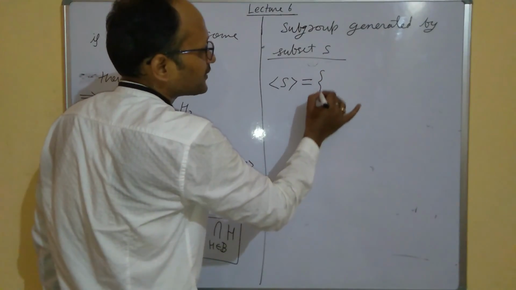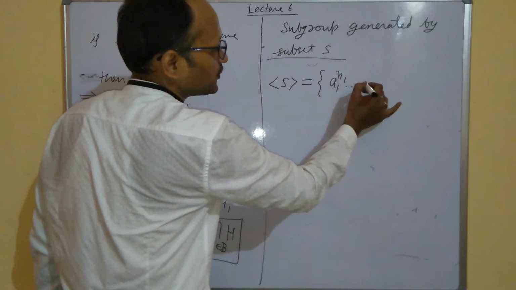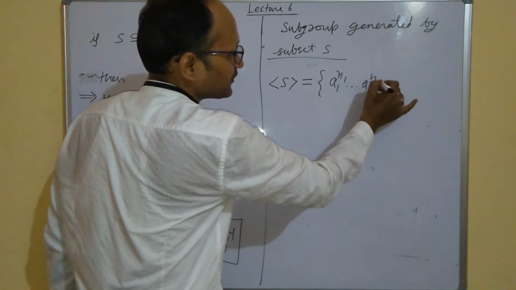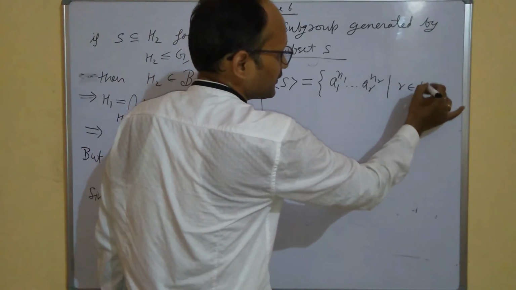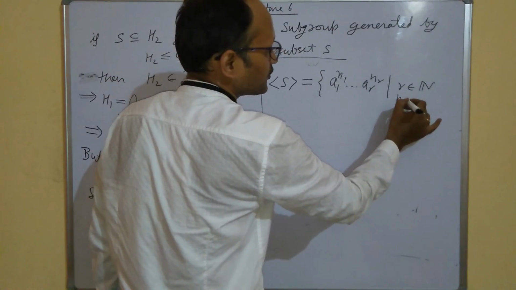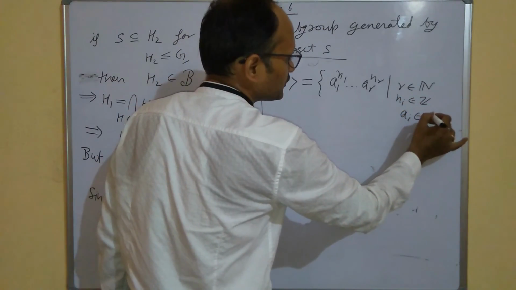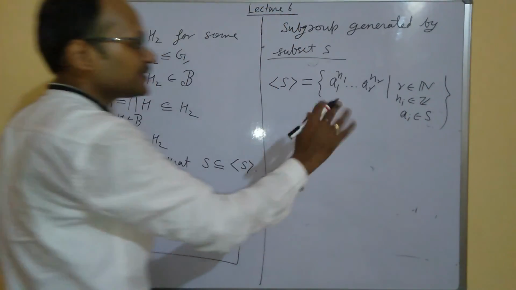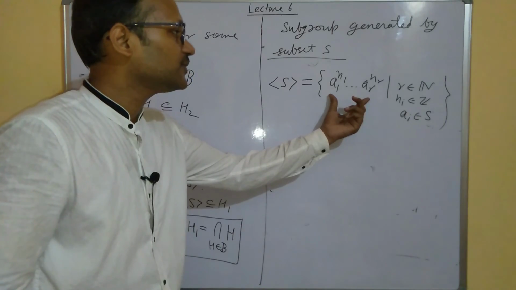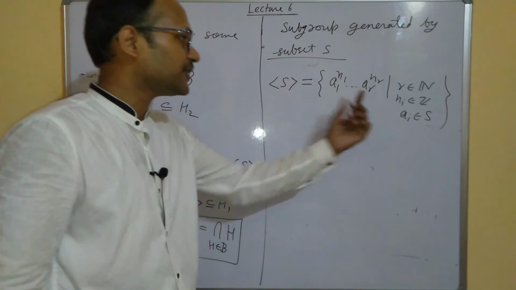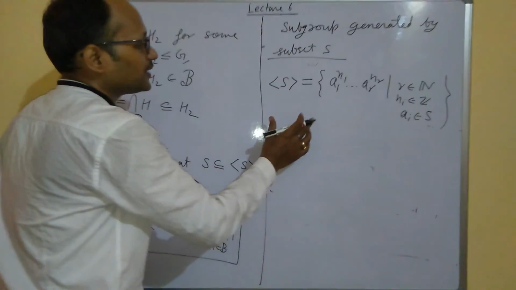One explanation is that it is the set of elements of the form a1 to the power n1 up to ar to the power nr, such that r belongs to N, ni belongs to Z, and ai belongs to S. This is the set of all products of this form. These are products of finitely many elements. Infinite products will never come.